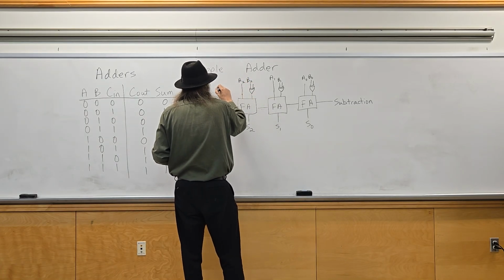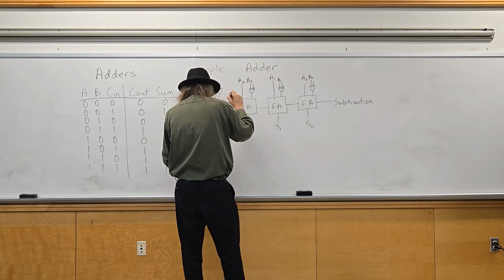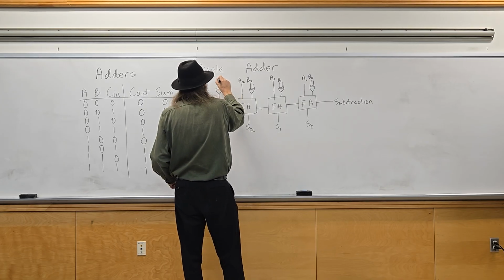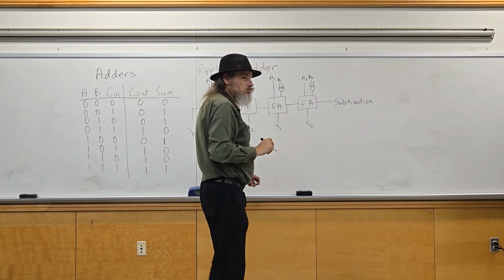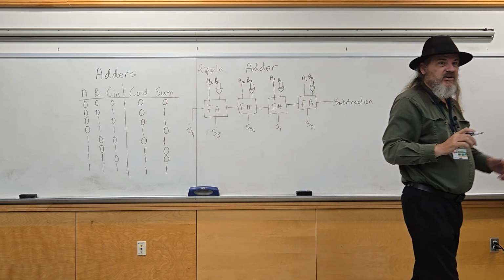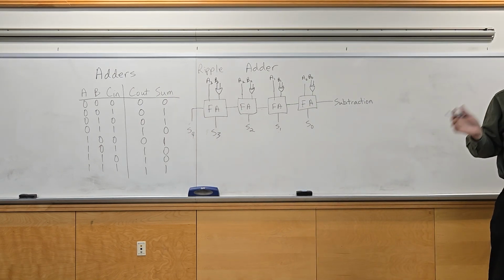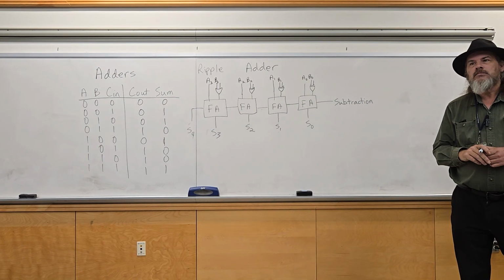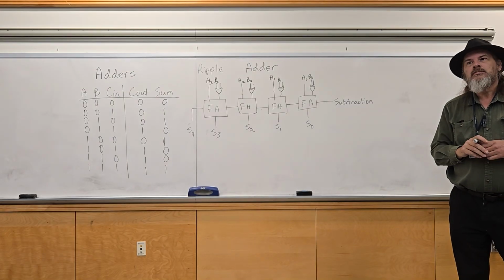Now what I'm doing is giving the option of inverting the B number. Now how do you make B a negative number? If B is coming in a positive number, how do you make it a negative number?